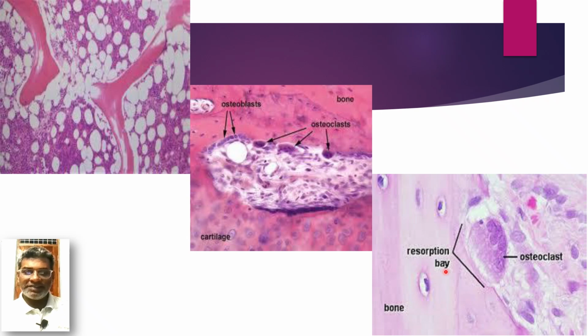Can anyone guess? Osteoclast, osteoblasts, osteocytes, none of the above. They are osteocytes. Okay. So with this brief knowledge, we will start our video on bone and soft tissue pathology.